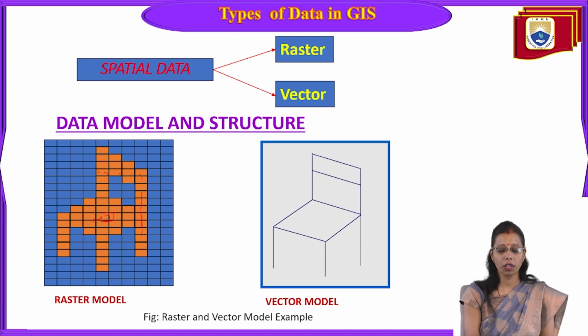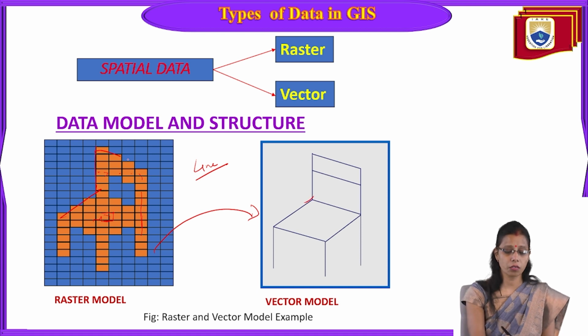Now if I want to convert the same information into vector, in the previous slide I told you point, line and polygon. These are three features. With the help of them we can convert the raster information to vector information. So how can we convert? We can just use point, line and polygon. This is a chair, right? For the chair, which type of feature can we use? We can use line. So we can use the line feature and draw it over this.